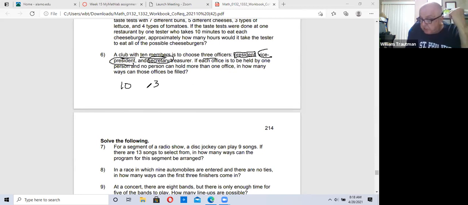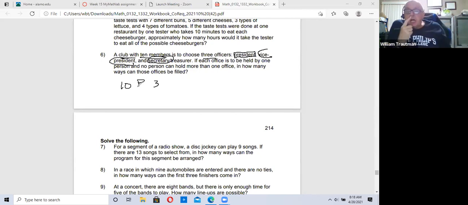So if each job is specific, it's a permutation. Remember, if the jobs are not specific, if they're part of a committee or they all do the same job, then it's a combination. But if it's specific jobs, it's a permutation. So you just need to put this in your calculator. 10P3. 10, probability, number 1, and then hit 3.